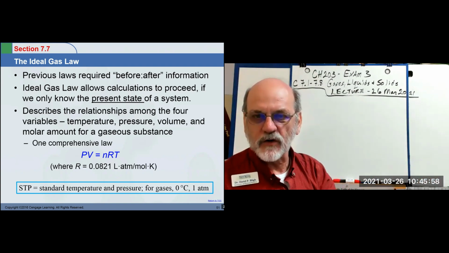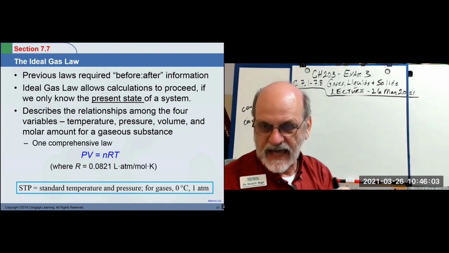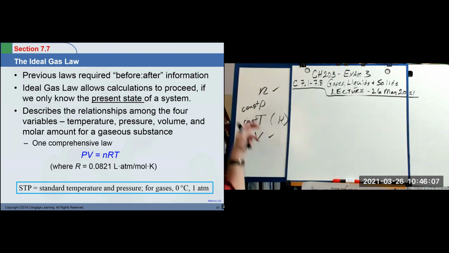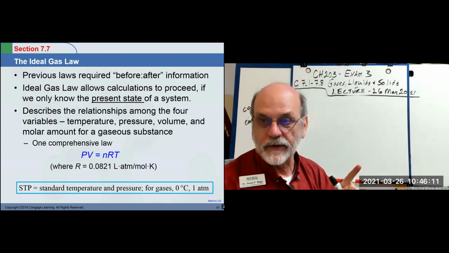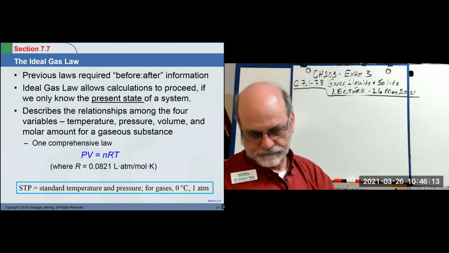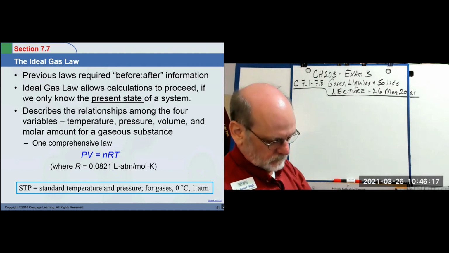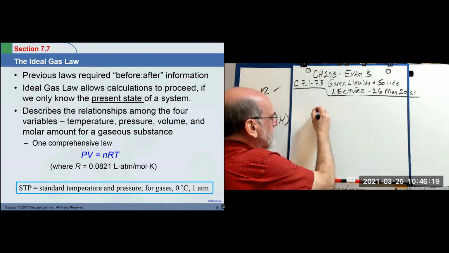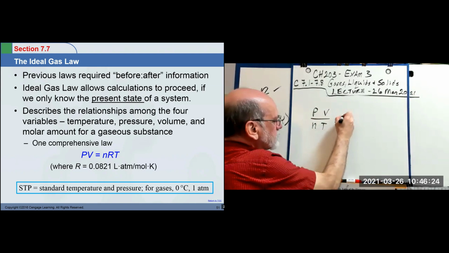But what if you're in a state situation? What is the present state of the gas? And we know three of these, we don't know the fourth one. What do we do? Well, we have this relationship of pressure, volume, moles, and temperature is equal to a constant.